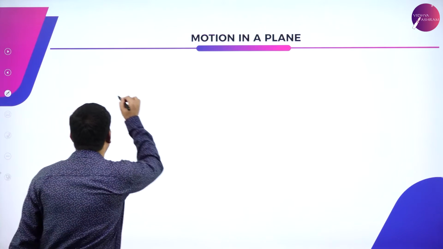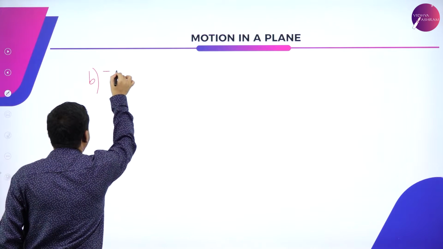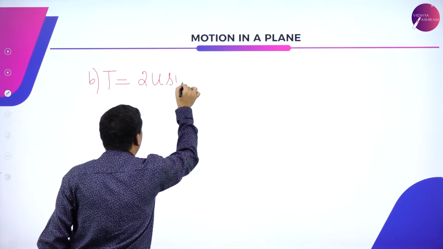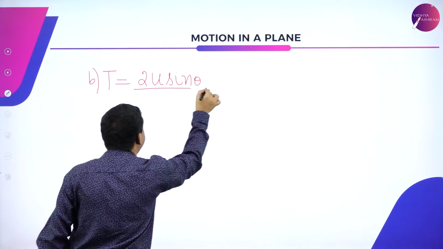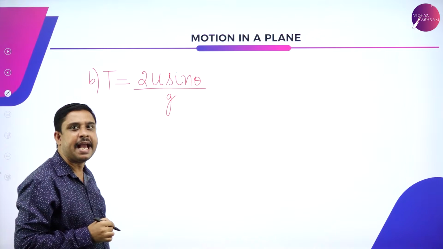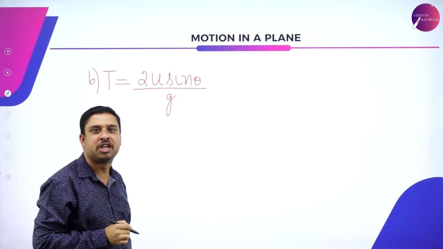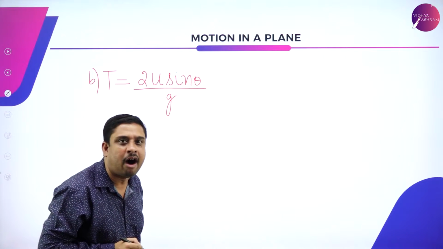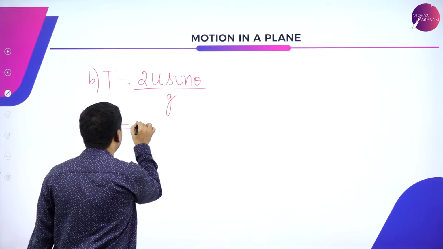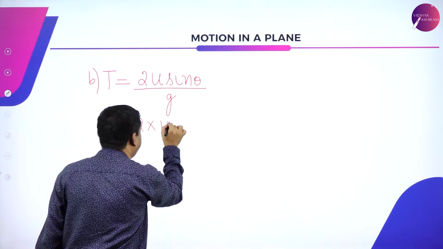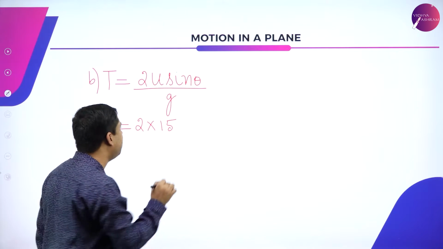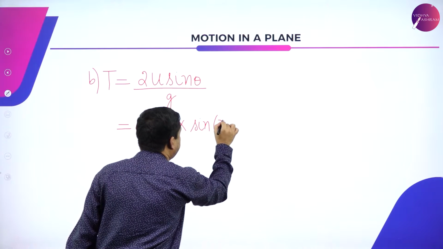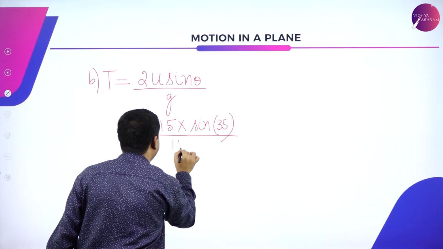The next thing I have to calculate, B, is time of flight, which is 2u sine theta by g. Again, just knowing the expression, time of flight, 2u sine theta divided by g, which is 2 into 15. U was 15 meter per second. Sine 35 divided by 10.